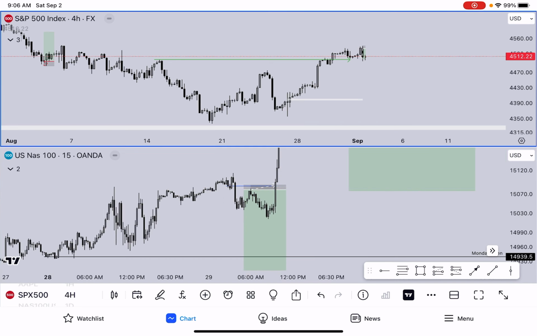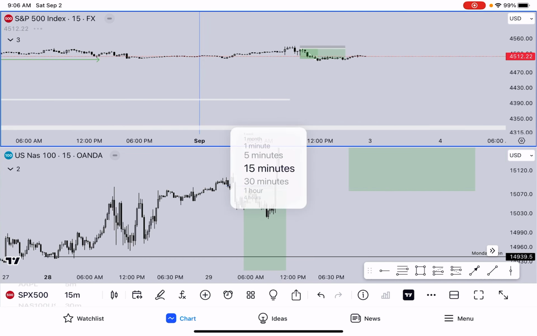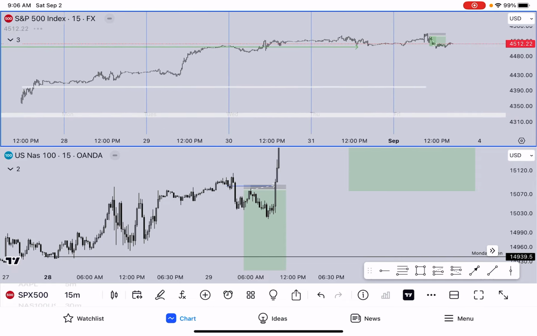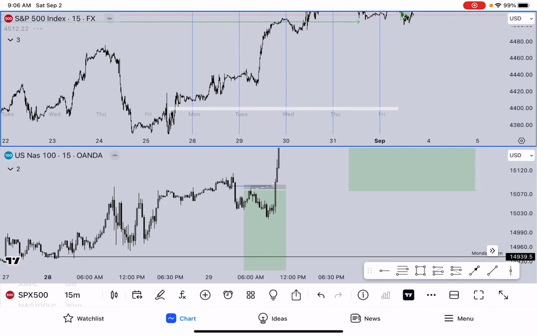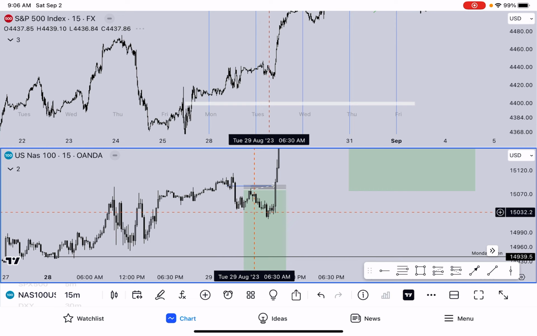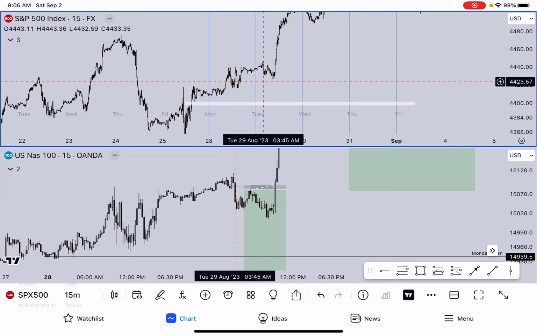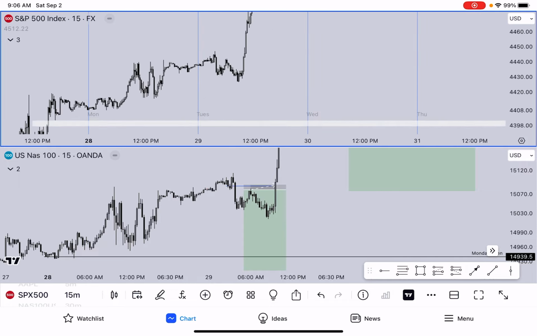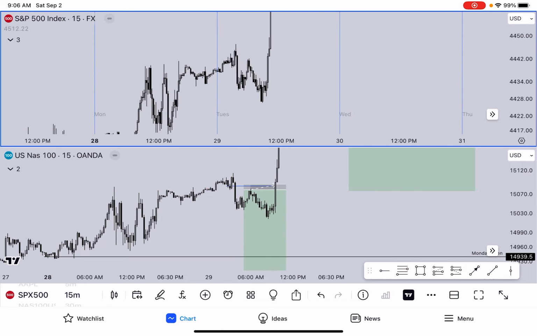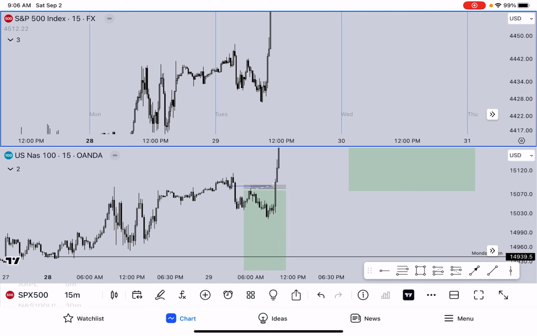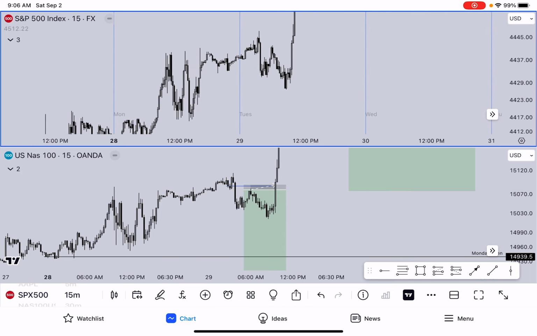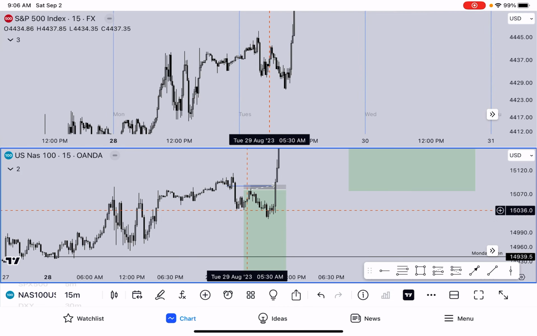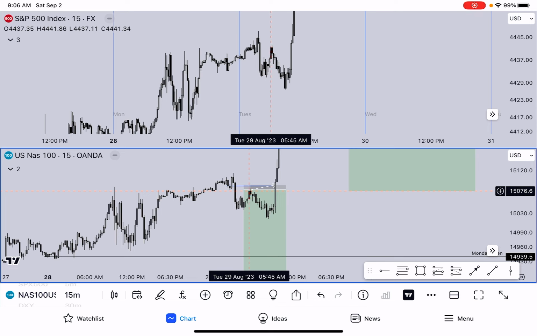Let me drop down on the S&P to the 15-minute as well, so we can look at market structure there. This was on a Tuesday morning, so let's get the Tuesday morning here. I don't think I used the S&P to take this trade. So let's look on the NASDAQ. This was around 6 o'clock entry.